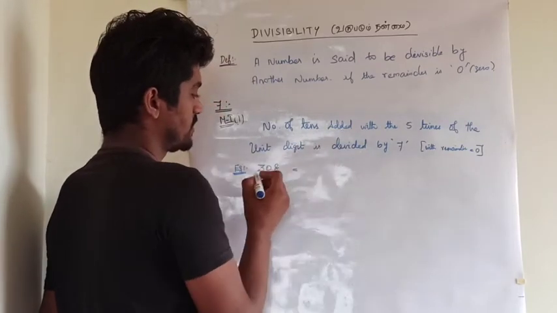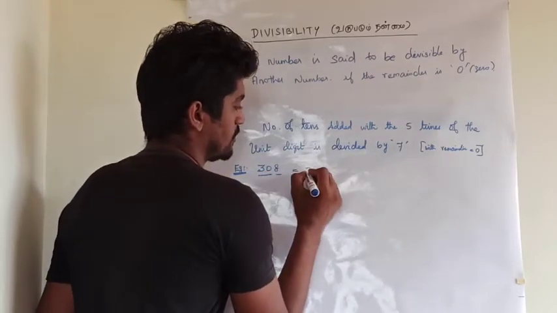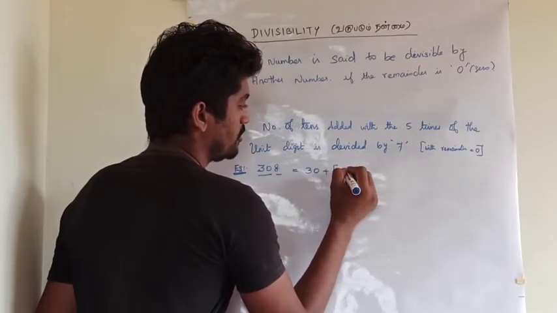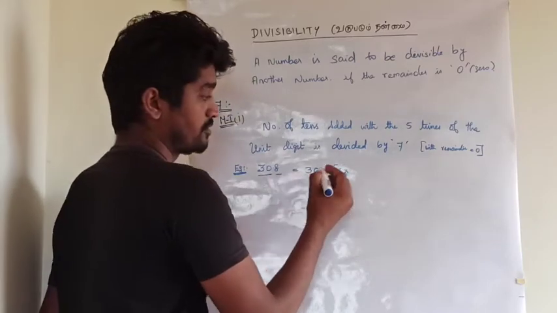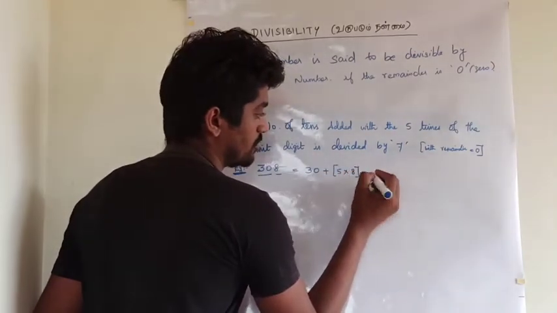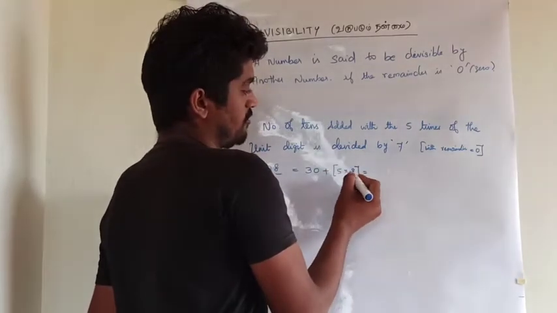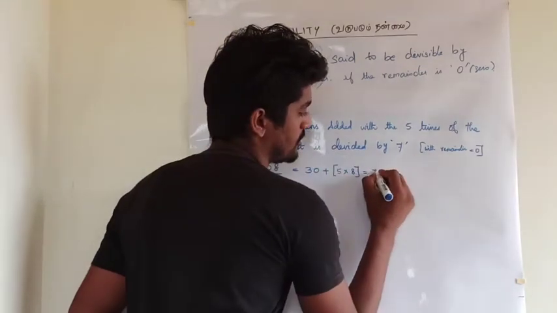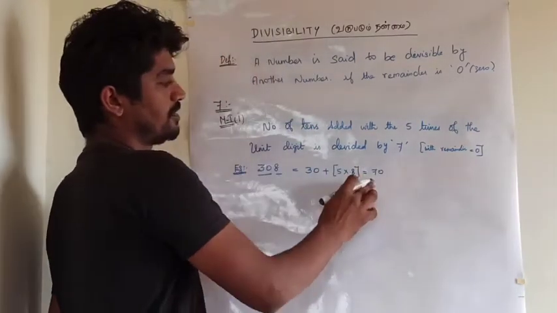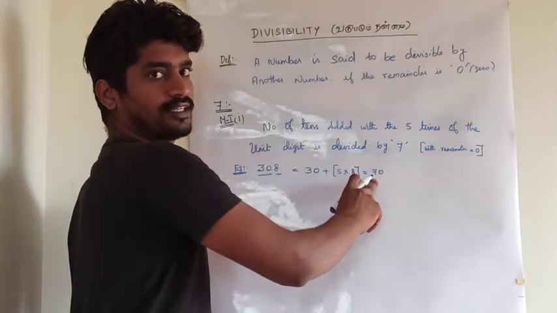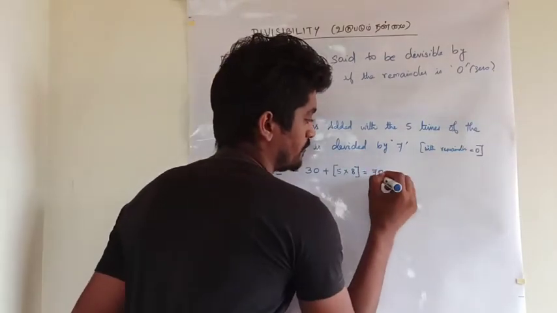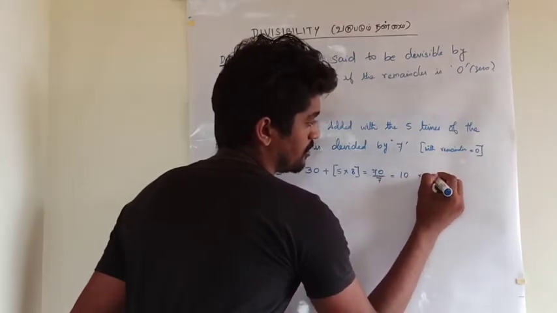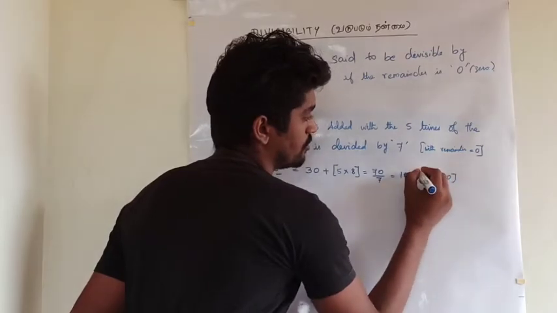The number of tens is 30. 30 plus 5 times the unit digit 8: 5 8s are 40, plus 30 is 70. 70 divided by 7 is 10, remainder 0.